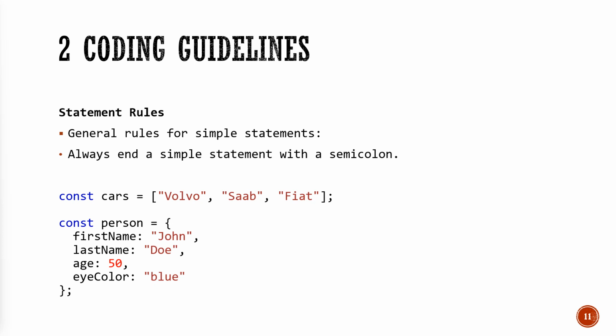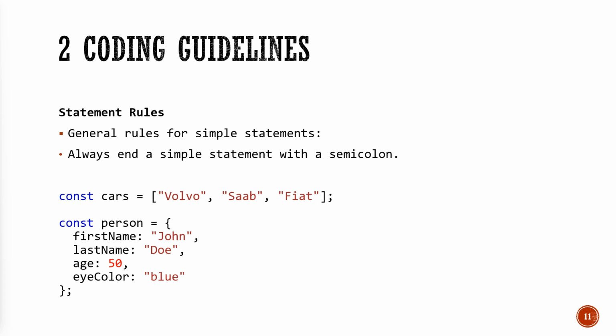Another rule is statement rules. For the general statement rule, for simple statements, always end a simple statement with a semicolon, because this is a rule of thumb in JavaScript. If you forget the semicolon, your line of code might be considered as an error.